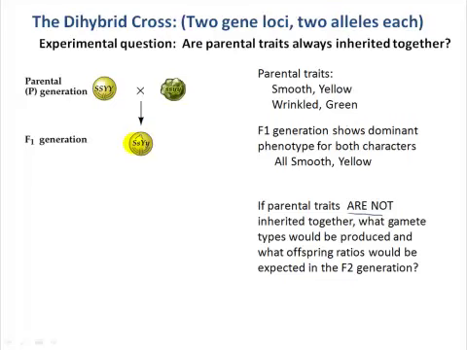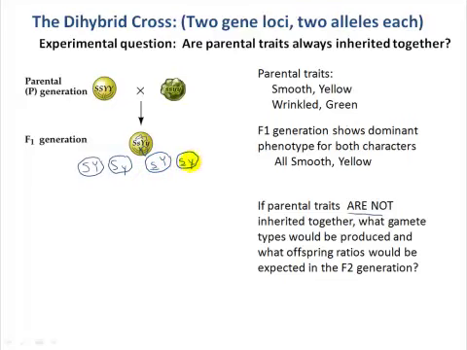And this dominant S allele could segregate with the dominant Y allele, or it could segregate with the recessive Y allele. And so we're going to end up with gametes that look like this. Dominant allele, dominant allele, dominant allele, recessive allele, and likewise for the recessive allele from the S gene, it could segregate with the dominant Y allele, or it could segregate with the recessive Y allele, and so we're going to end up with those two gamete types.